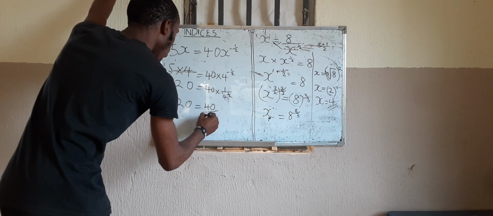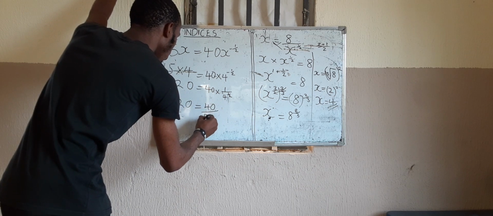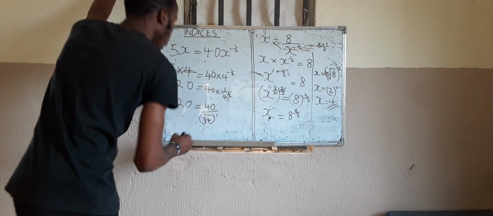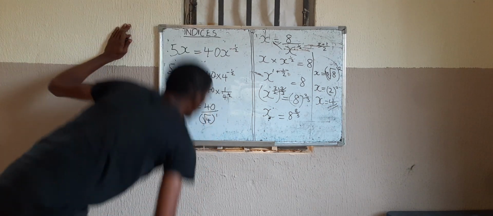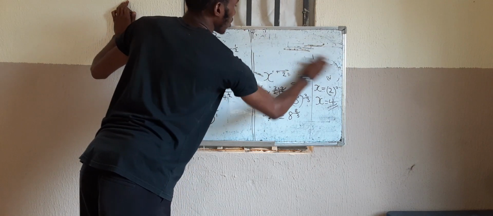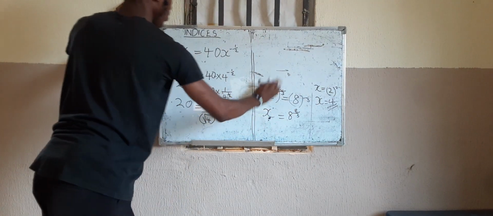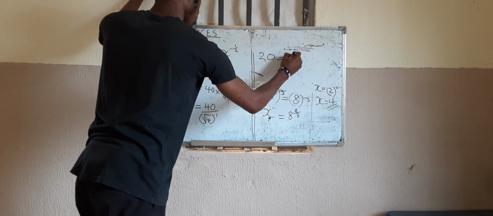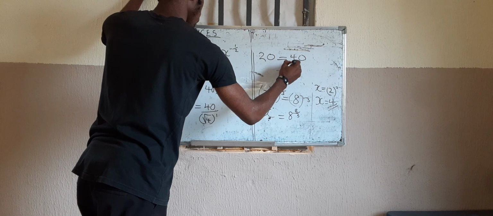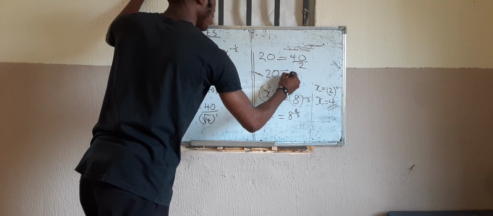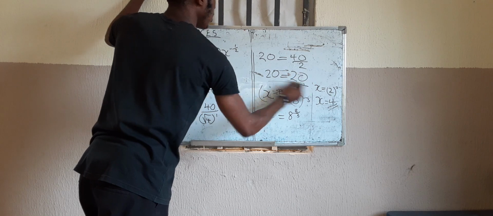So 40 over the square root of 4. So we have 20 equals 40 over 2. So 20 equals 20. Our answer is correct.